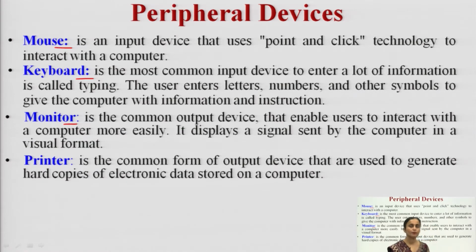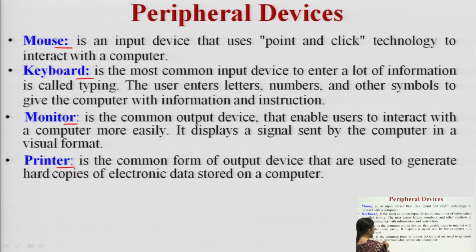Whatever processing is happening is in the form of signals, because the system can understand data in the form of zeros and ones. The user cannot understand these zeros and ones, so we require some intermediate thing that gives us a visual display so that we can understand, and the computer on its own end can continue its working. So, monitor is a common output device.